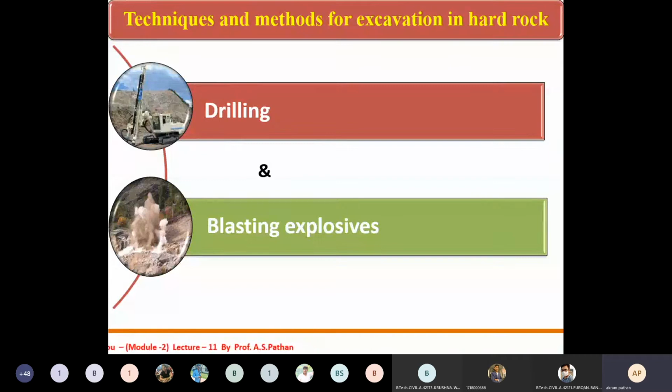Where the hard rock is there, we definitely require drilling technology. Once you drill the holes in the hard rock, we have to place the detonators and chemical compounds in the drill holes, and we have to blast.